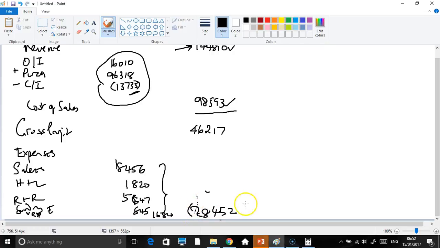So by the time we subtract this expense from this, we will get what's called our net profit.